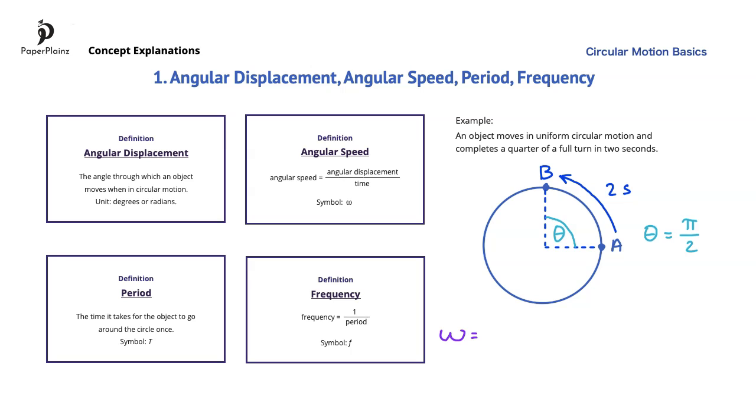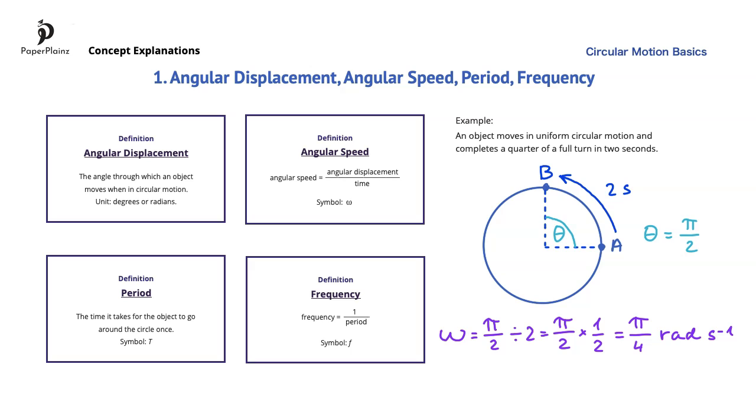The angular displacement is pi over 2 radians, and the time is 2 seconds. Dividing by 2 is the same as multiplying by its reciprocal, so 1/2, which gives us pi over 2 multiplied by 1 over 2. This is equal to pi over 4, and since we divided radians by seconds, the unit here is radians per second.